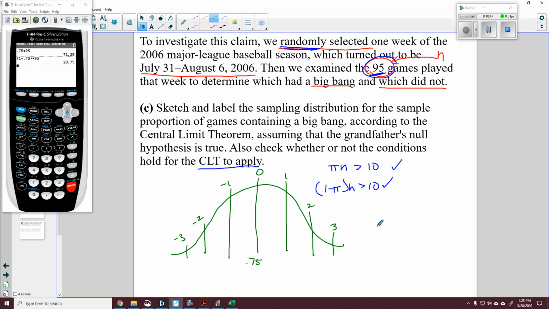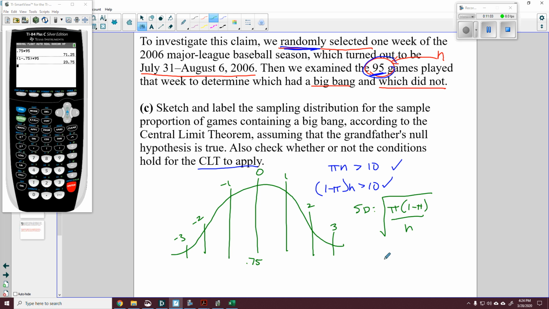And in order to calculate the standard deviation, I'm going to use the formula pi times 1 minus pi divided by n and taking the square root of that.